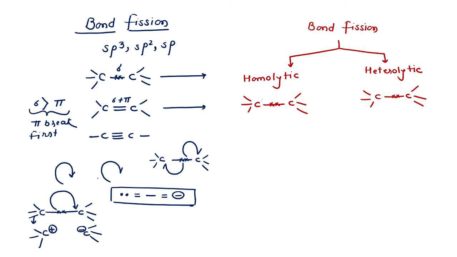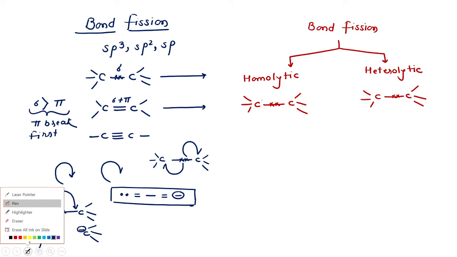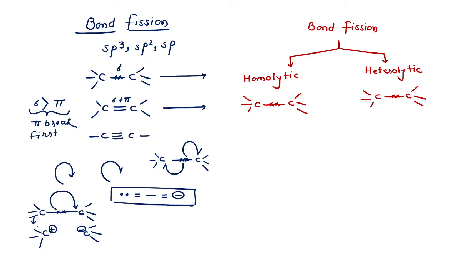See, actually you should learn the use of arrows. When homolytic fission takes place, there is equal distribution, and when heterolytic fission takes place, there is unequal distribution.